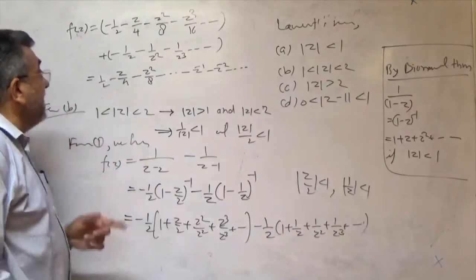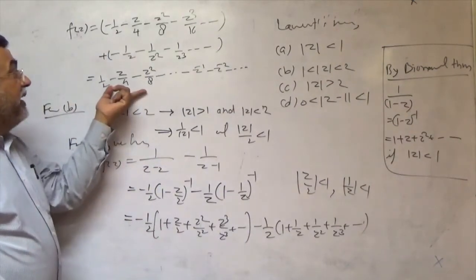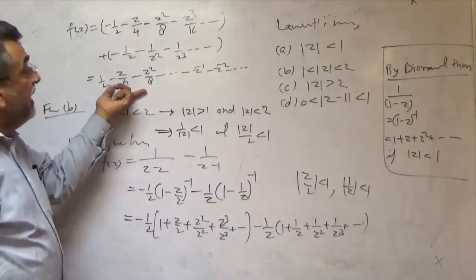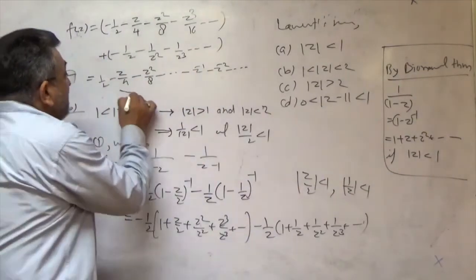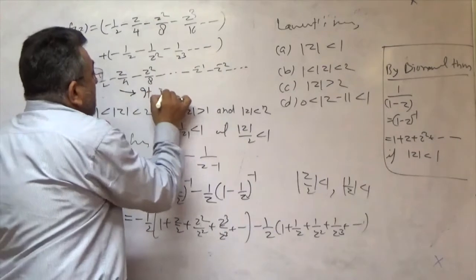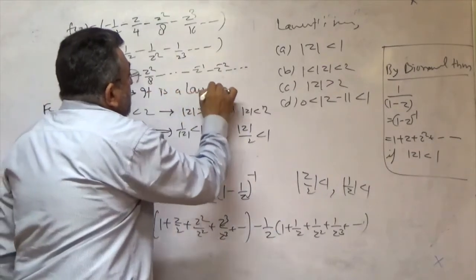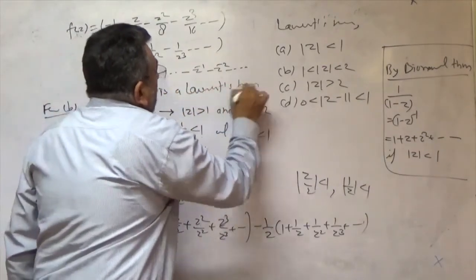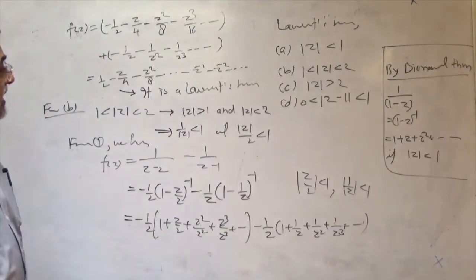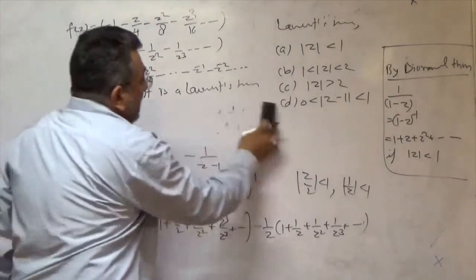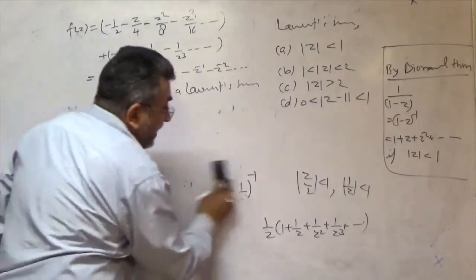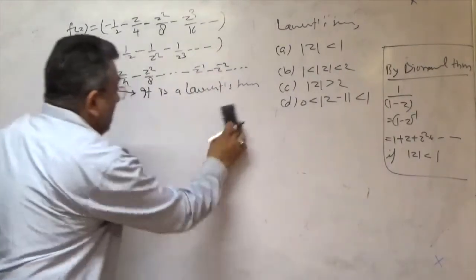And we see that this part is containing positive power of z and this part is containing negative power of z. So we can say that it is a Laurent series for given region because this is containing positive and negative both power, and that is the answer of the B part of the question, second part.